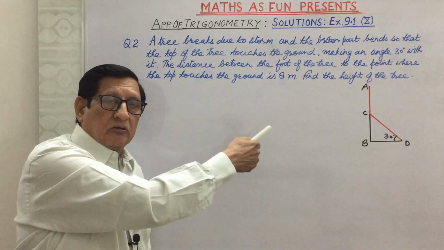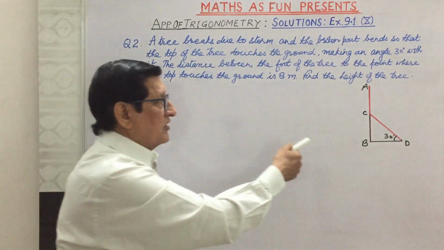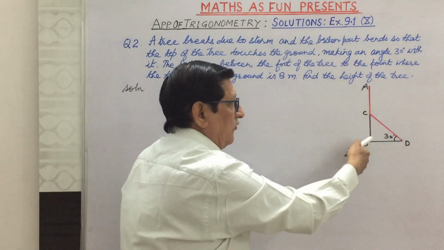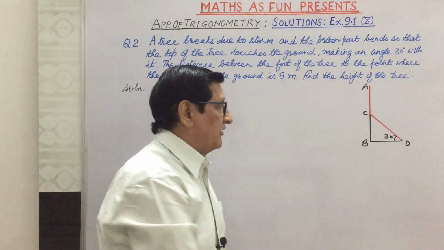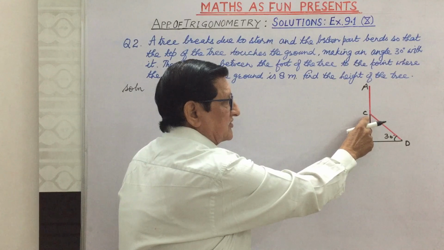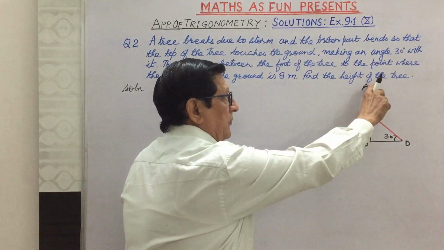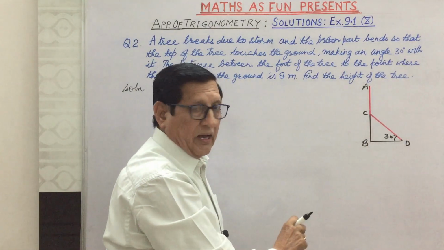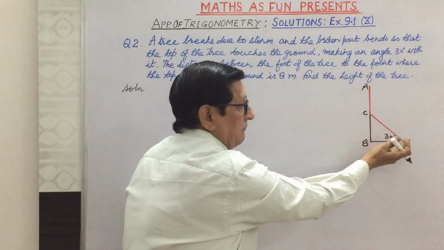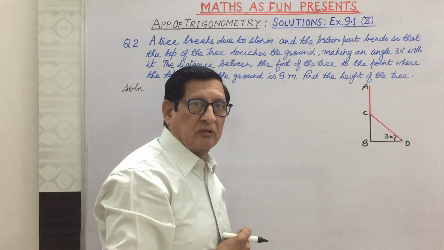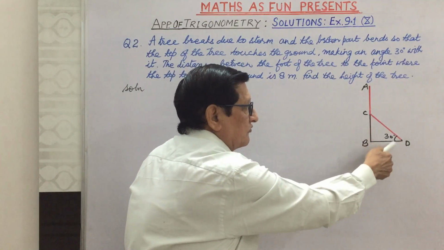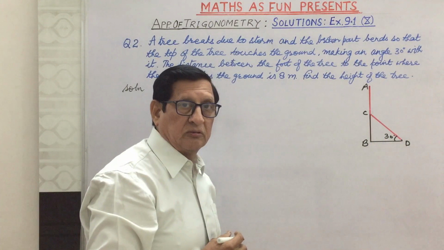For the problem, we draw a diagram, and here we consider let AB be the full length of the tree before it breaks. Then we find that from point C, the upper part AC breaks, and here AC is only bending here and touching at point D on the ground. This part makes an angle of 30 degree with the ground.